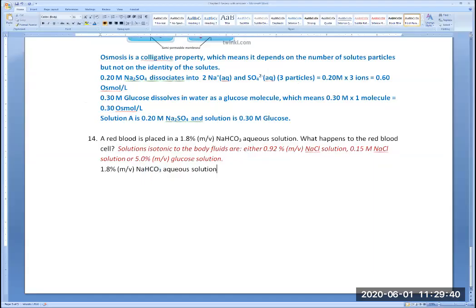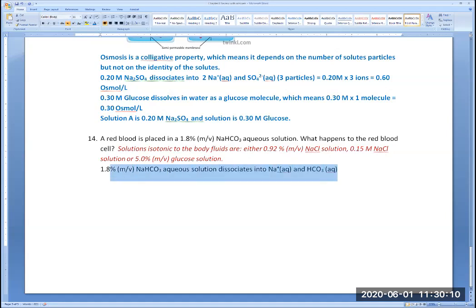So this dissociates into Na+, and HCO3 negative 1. Right, so those charges are superscript, only the one negative charge here, and the 3 is a subscript.